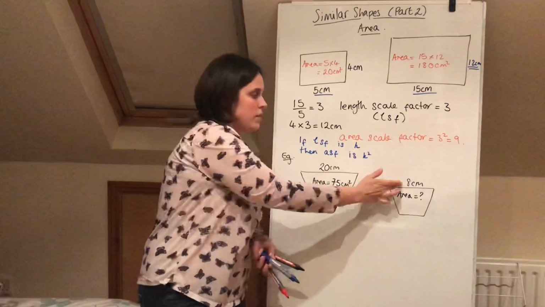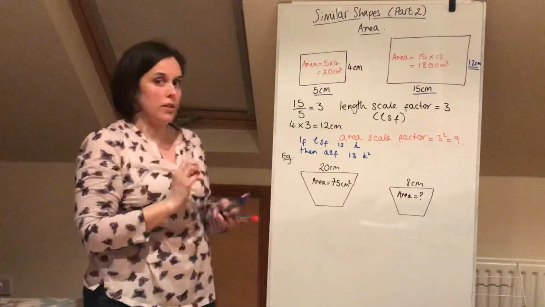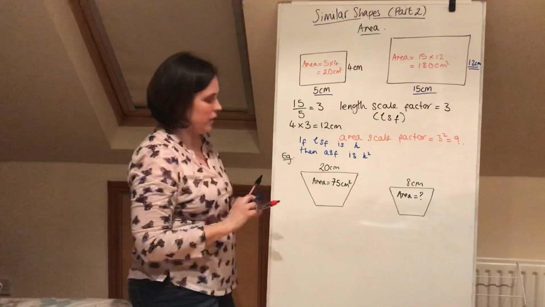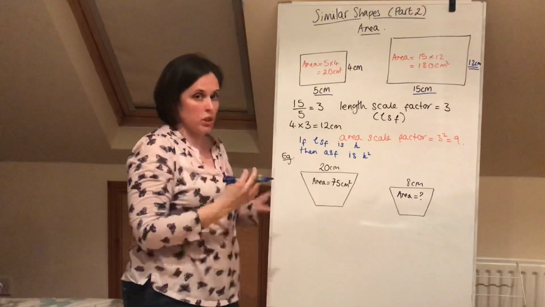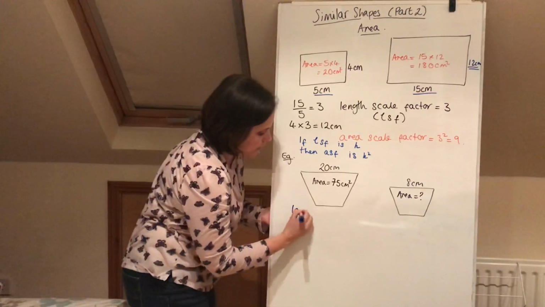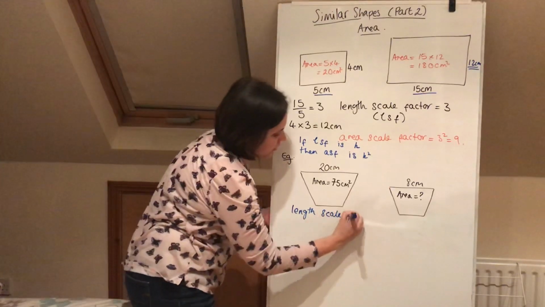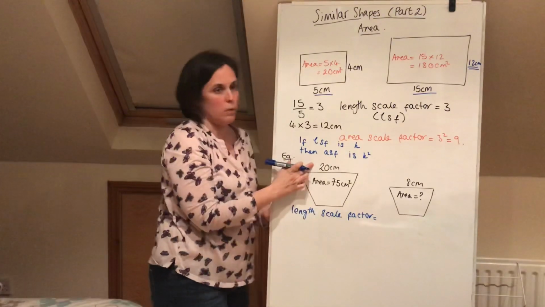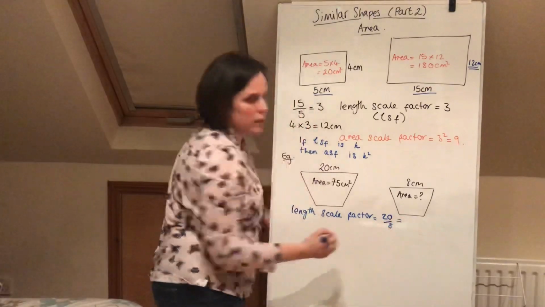So we can use these two to be able to compare and get our scale factor, and importantly we need to know it's our length scale factor. So what I would really encourage you to do is write down which scale factor you're finding. So in the first instance we're going to find the length scale factor, and we do that, remember, by doing the bigger one divided by the smaller one, which is 20 divided by 8.